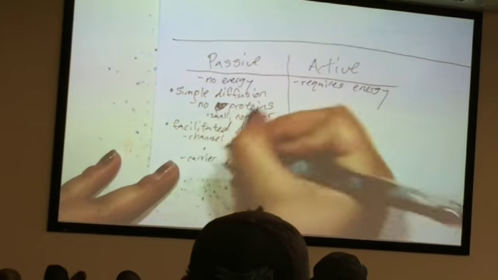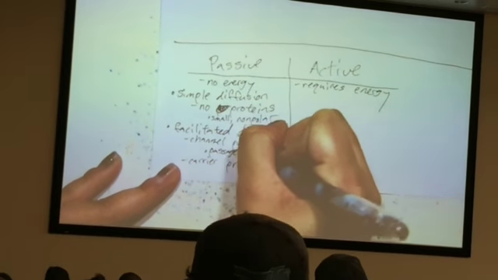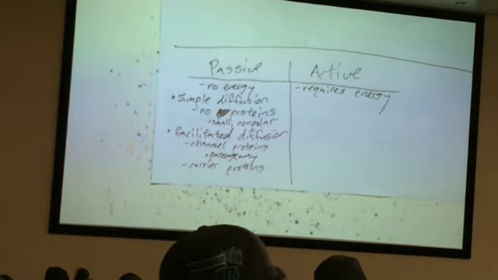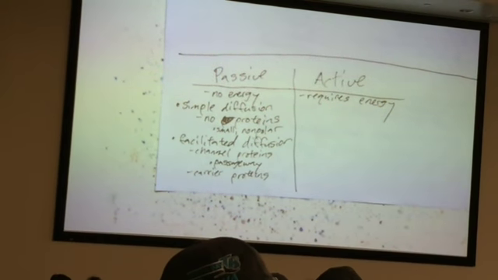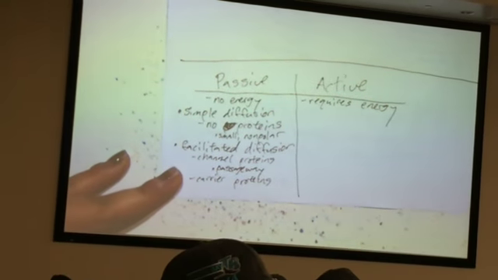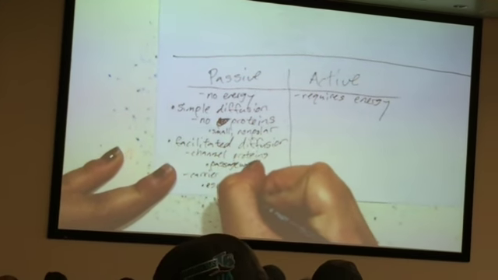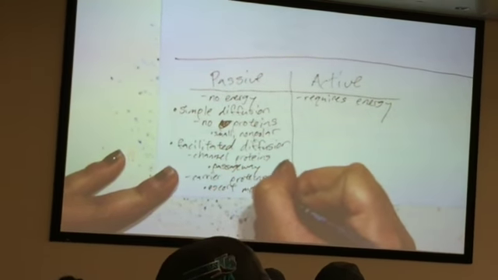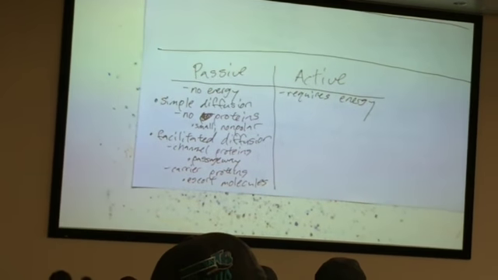So I'm going to label this as passageway. Everything other than simple diffusion is specific for one type of thing. Okay, so just keep that in mind in general. That's passageway. Carrier protein will actually escort molecules. It's kind of the easiest way to say that one.